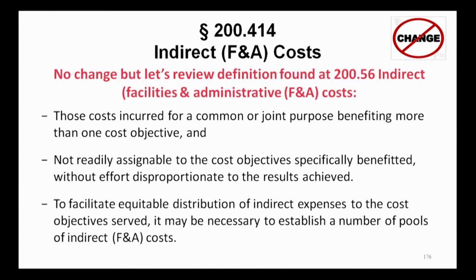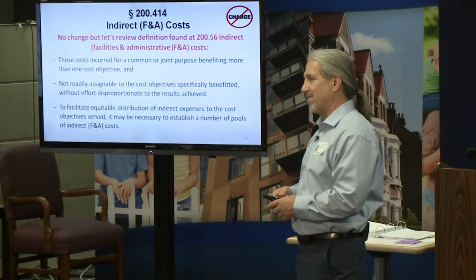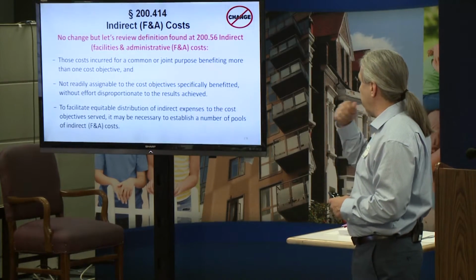That if you say indirect costs specifically for institutes of higher education, it has the same meaning. It also means facilities and administrative costs. So the definition is just a review, refresh our memory on this, so we can talk about the next section.